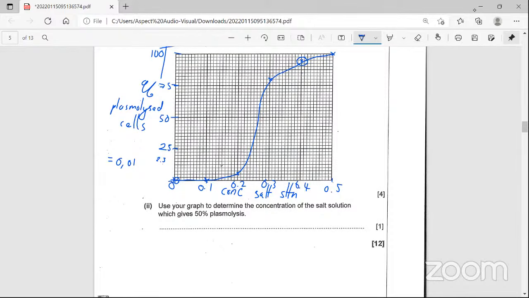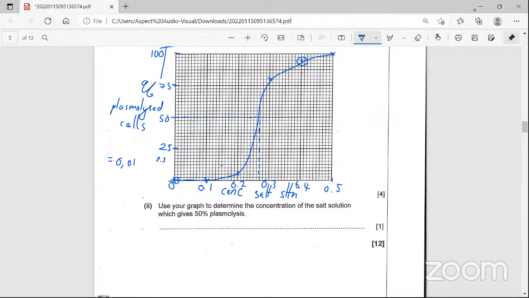Right, now they ask you to use your graph to determine the concentration of salt solution which gives 50% plasmolysis. So you go to 50, touch the line, then come down. Yes, you have to show those lines on the graph. 0.25? Did we all get 0.25?